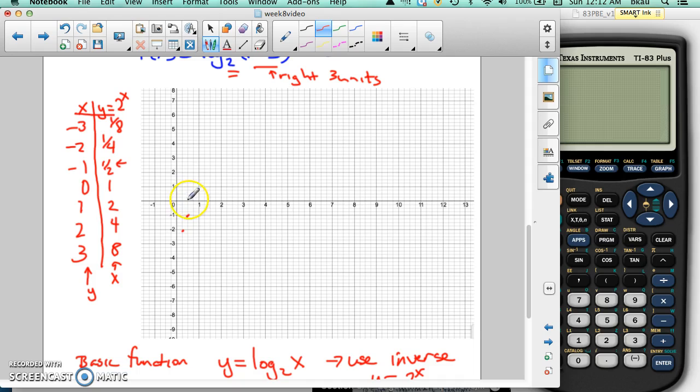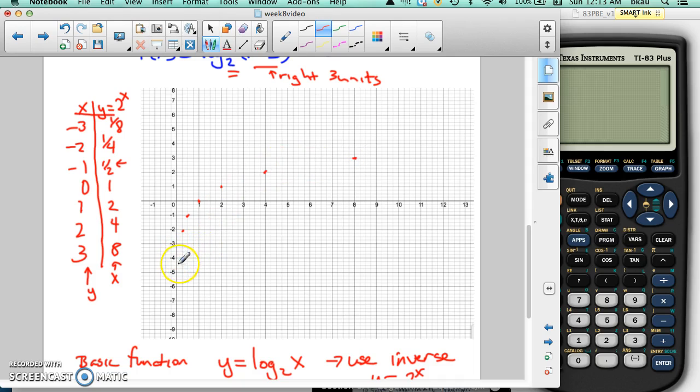We don't have a 1/8 on the mark, but we got these two. 1, 0. Reading it backwards. 2, 1. Reading it backwards. 4, 2. And 8, 3.